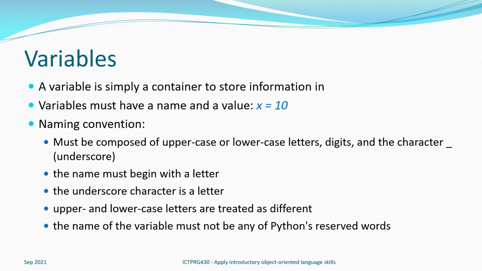It must start with a letter, and for this, an underscore is considered a letter. Upper and lowercase characters are treated differently. So a lowercase x is a different variable to an uppercase x.